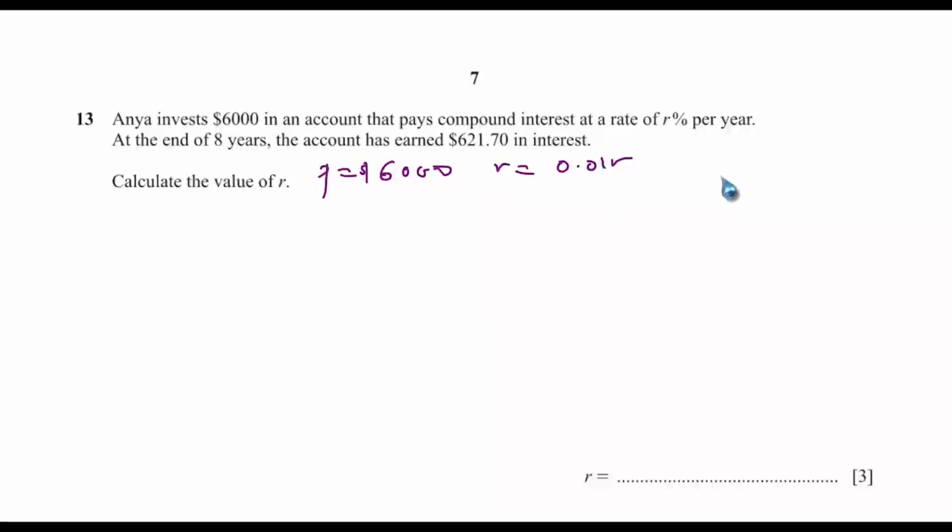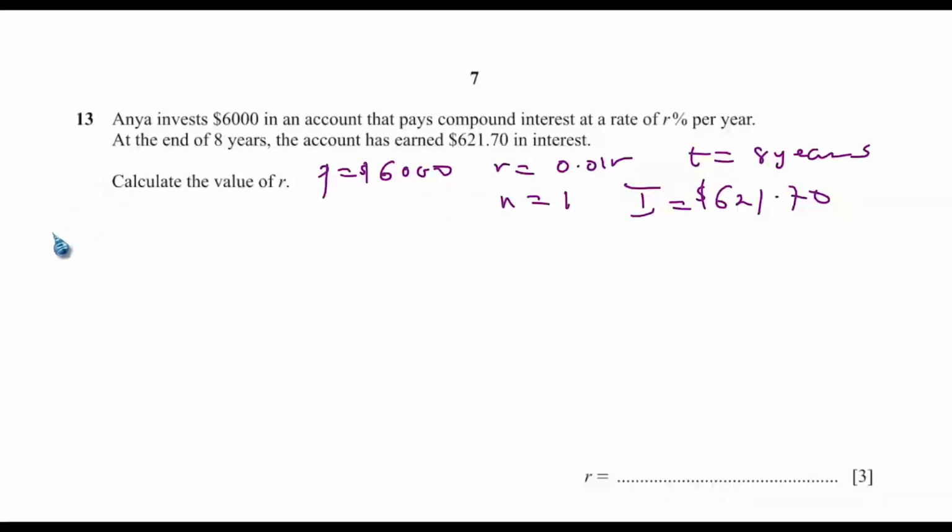Then the time T is equal to 8 years, and the interest is paid once in a year, so N is equal to 1. We have the sum of the interest to be $621.70. Okay, so we want to get the value of R.